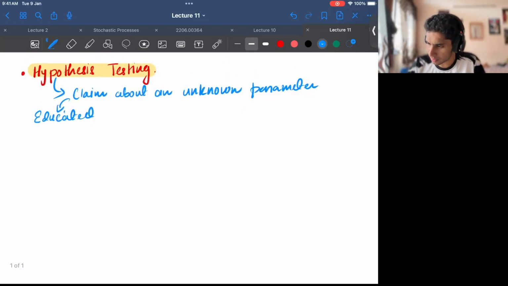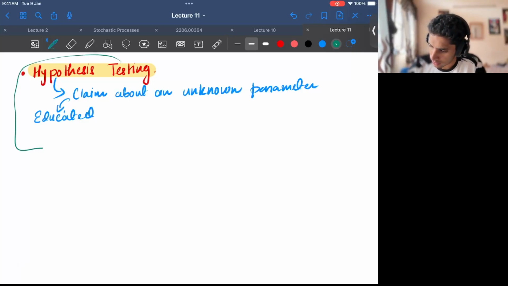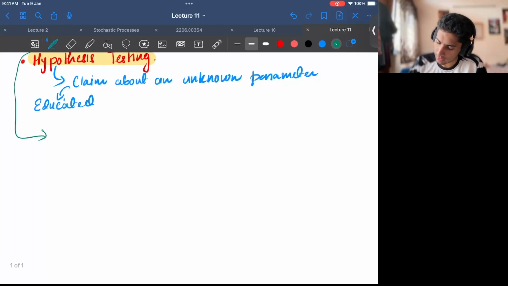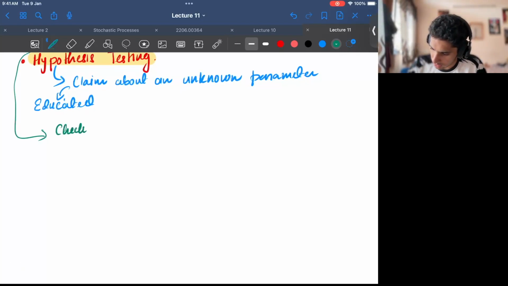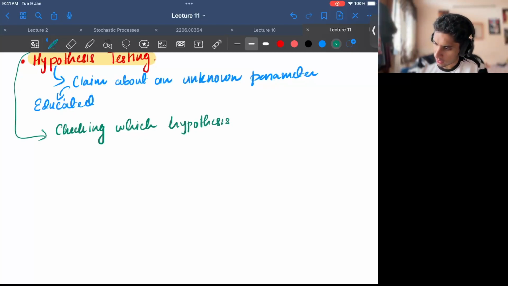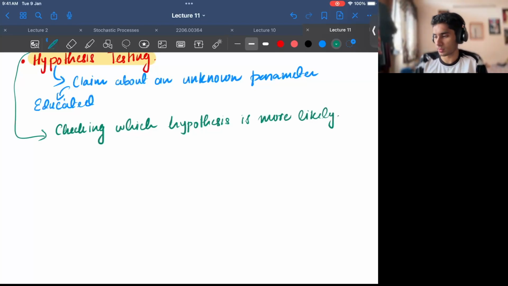So that is what a hypothesis is, and what is hypothesis testing? Hypothesis testing is basically checking which hypothesis is more likely. Okay.